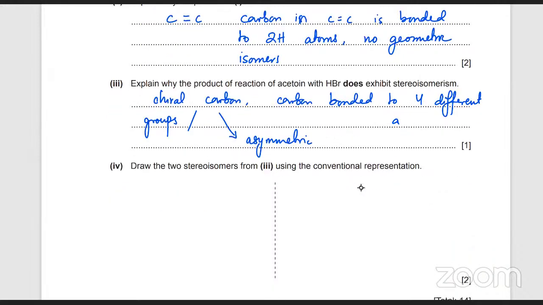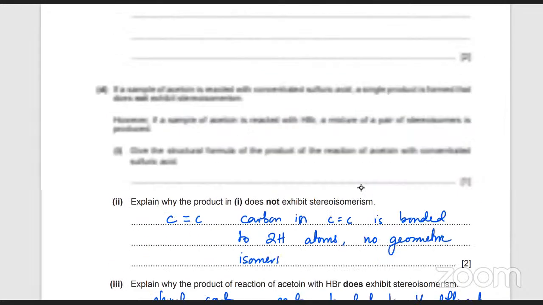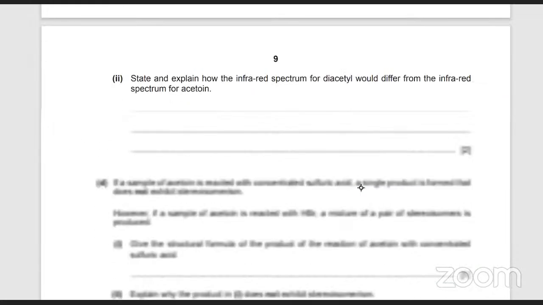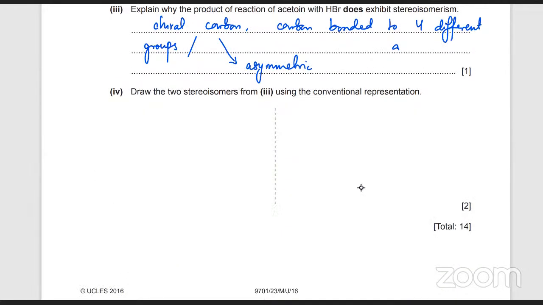Up here, he's asking you to draw the conventional way of the 2 stereoisomers. I'll just do it over here. So what did I have? I had an H and a Br and a CH3 on one side. And on the other side, I had a double bond O. And then I had a CH3 as well.